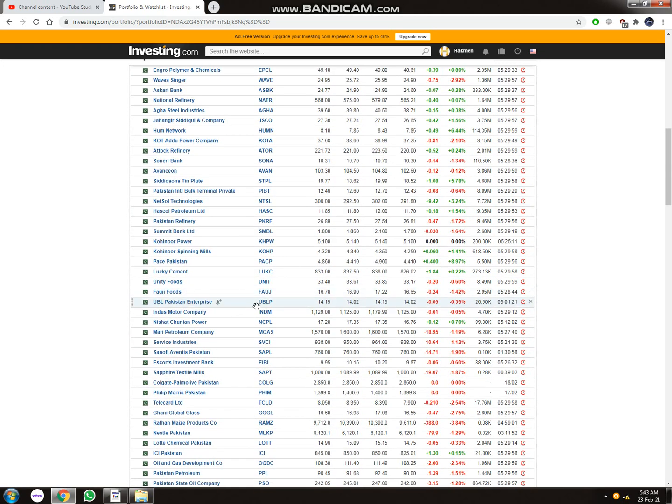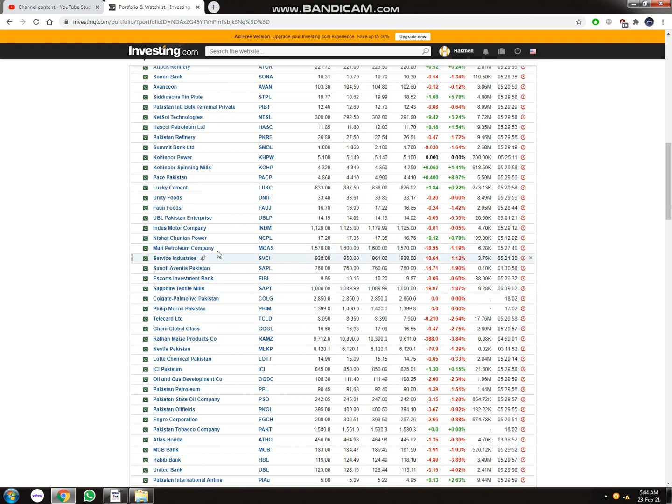Now this one is mostly, sometimes trading. This one is also sometimes trading. As you can see, the stocks in the 14, the 16, and 900 range are traded mostly.